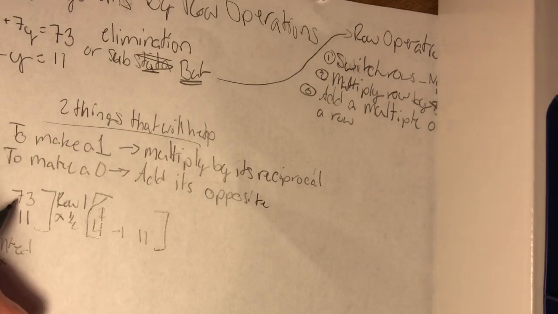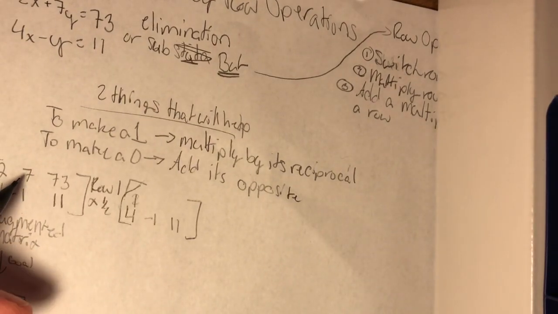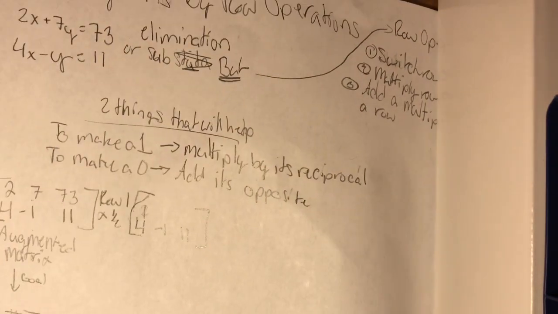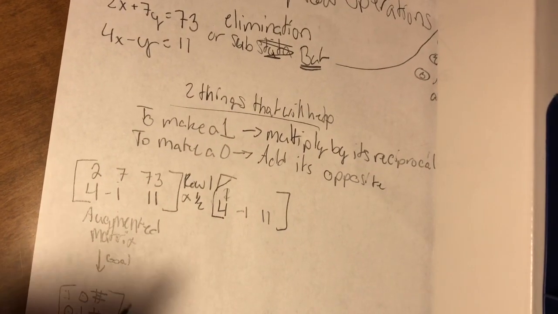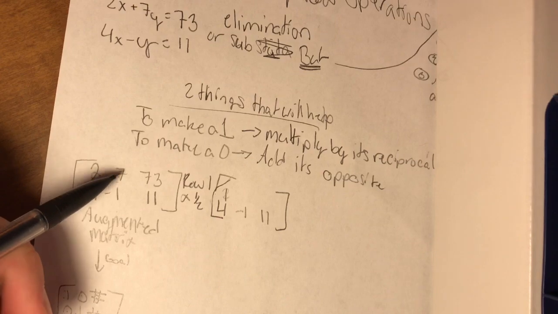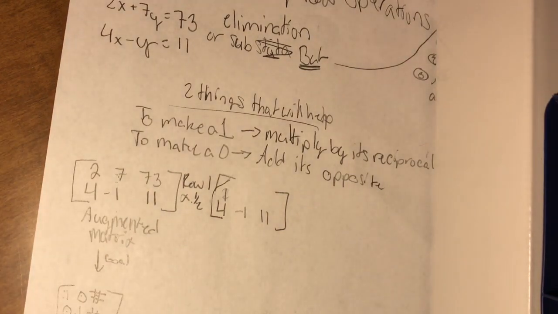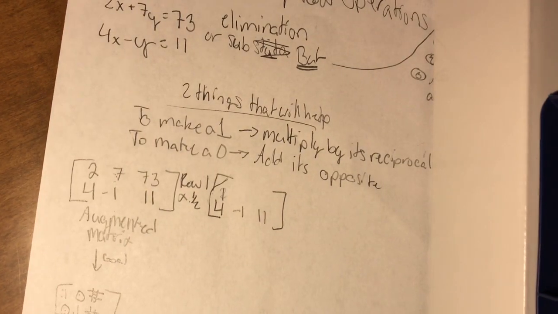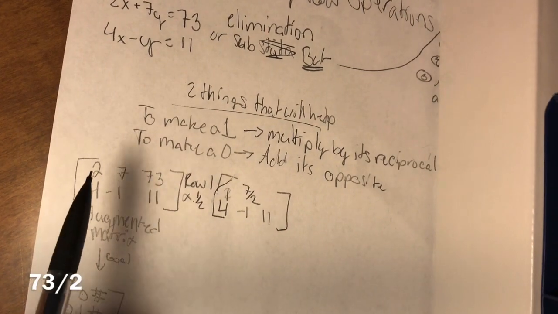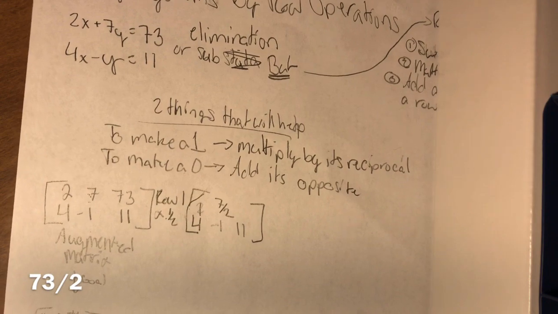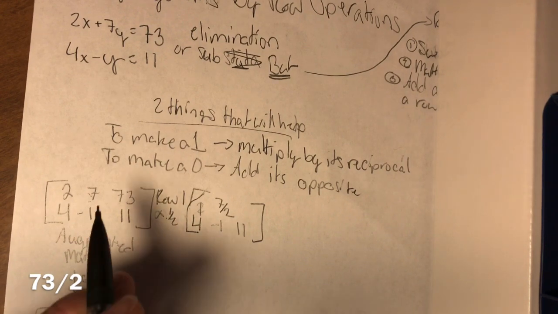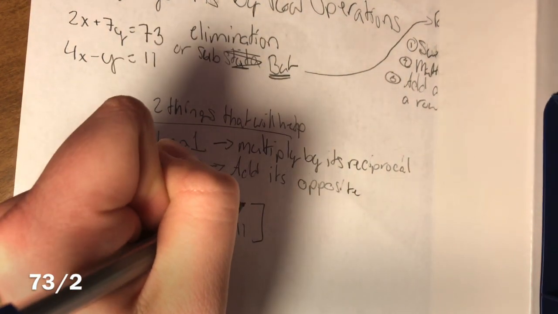Then all you do is change the 7 and 73. So you do 7 times 1/2, and then 73 times half, which is 73 halves.